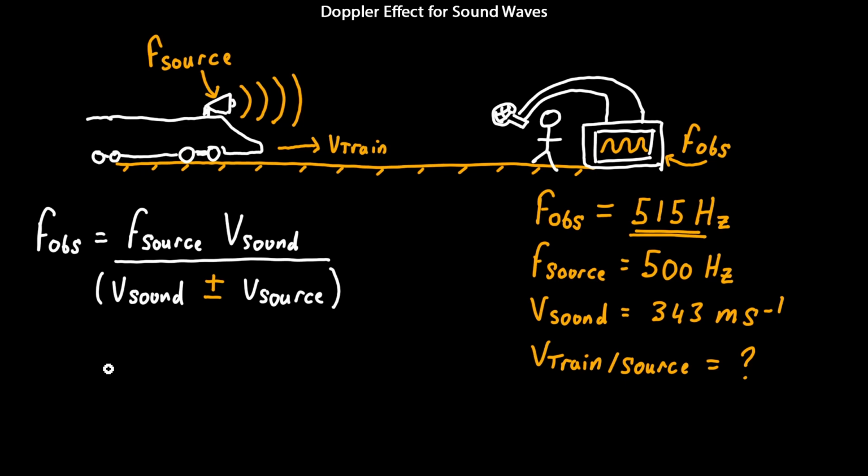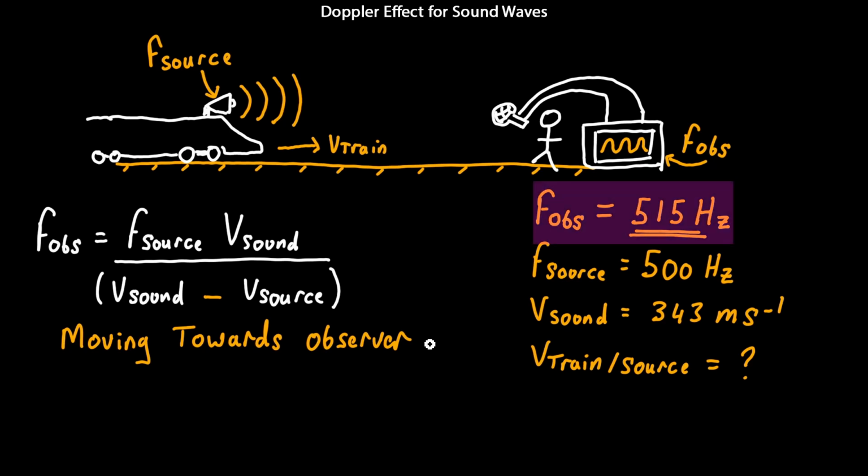So this plus or minus part can be a bit confusing at first. But what it's telling us is that if the source of the sound is moving towards the stationary observer, like it is in our problem here, the frequency heard by the observer will increase, and we should use the negative sign in the denominator.